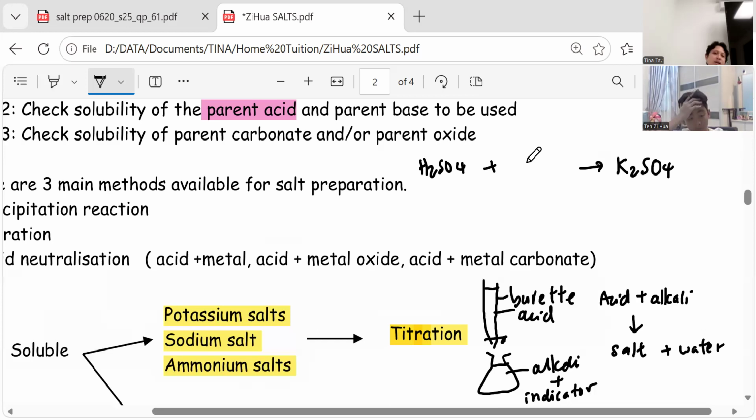What is an alkali? Look at last week's notes. I had a whole lesson with you. Did you copy last week's notes? Yes. Go and look at last week's notes. Potassium hydroxide. Thank you.